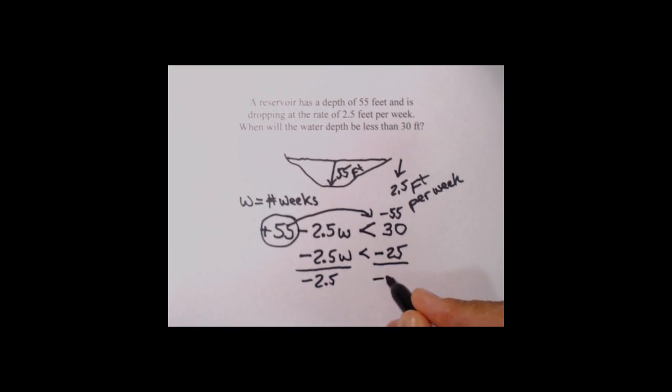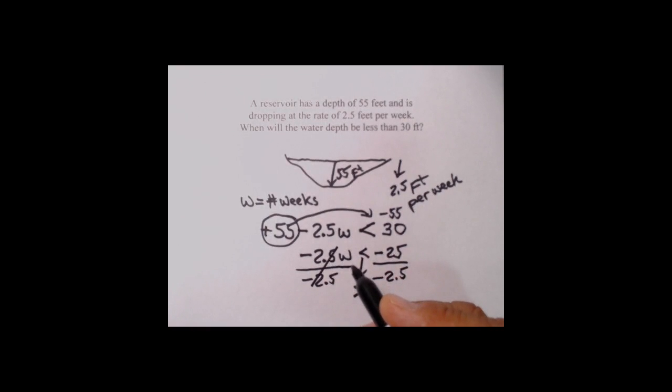But here's something you better remember. Since we are multiplying, in this case dividing, by something that's negative, we have to flip the inequality. So here it is right here. We flipped it. The 2.5 negatives cancel out, so W has to be greater than.